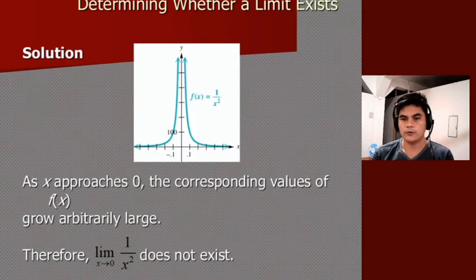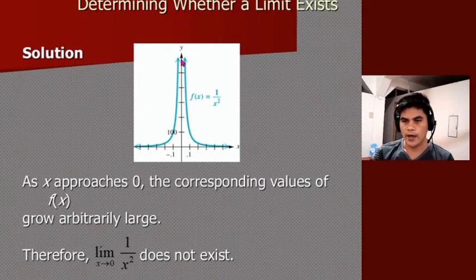If we graph the function, as x approaches 0, the corresponding values of f(x) grow arbitrarily large. The graph continues as x gets closer and closer to 0.